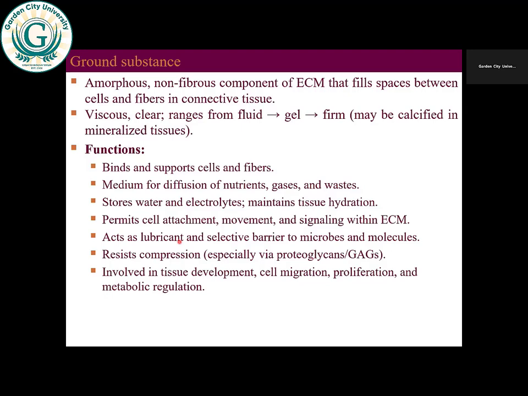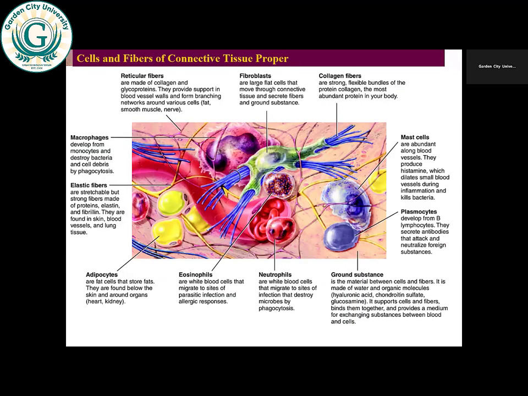Then the cells are the granules, just that we have different cell types. Then the ground substance is the water, the milk, the sugar, which will essentially dissolve. Those are the ground substance.